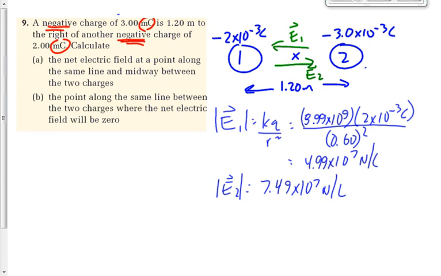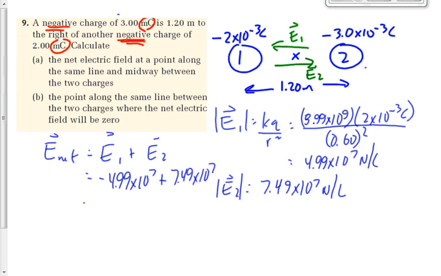Let's add these up now. The net field is equal to E1 plus E2. E1 is negative 4.99 times 10 to the 7, and E2 is positive 7.49.